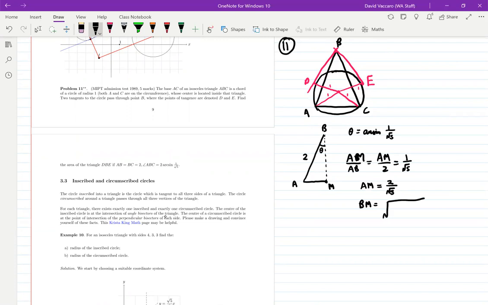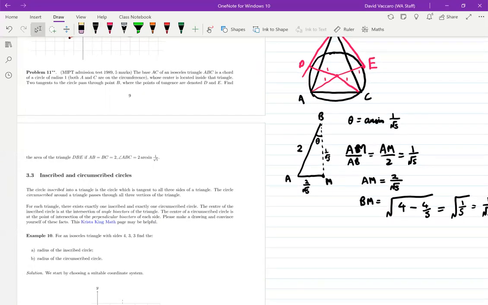That's the square root of the hypotenuse squared, which is 4, minus AM squared, which is 4 over 5. So that is the square root of 1 over 5, so that's 1 over root 5. So I've got 2 over root 5, and 1 over root 5 for the height of my isosceles triangle.